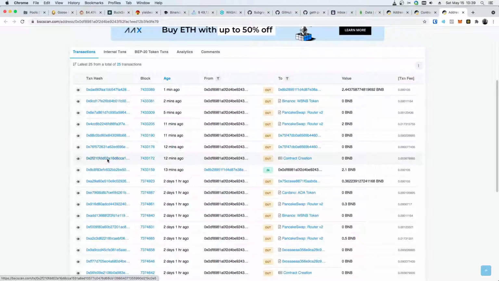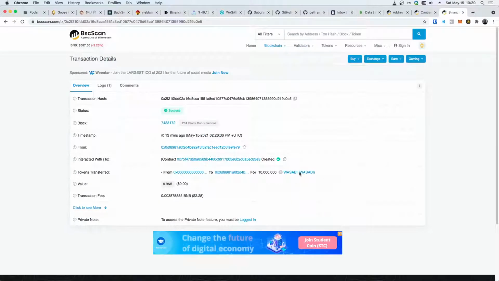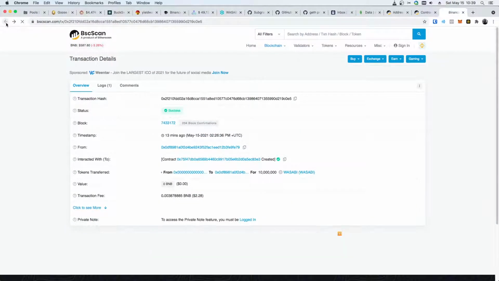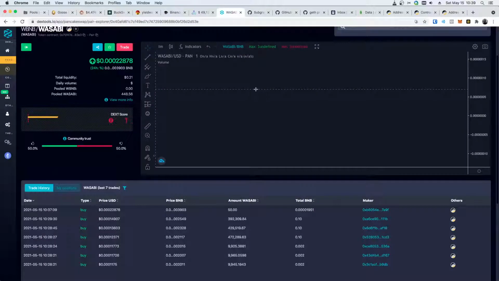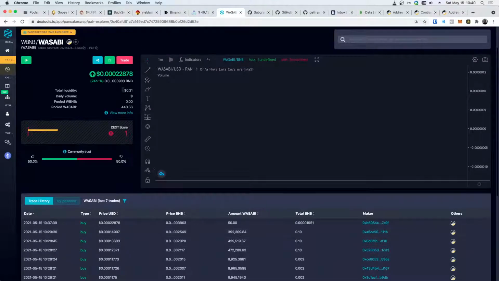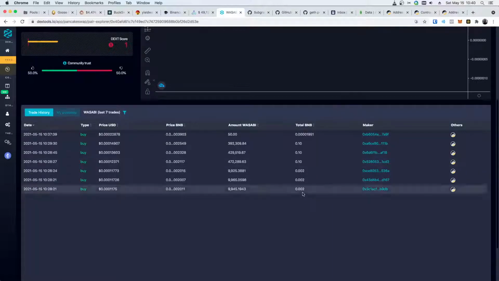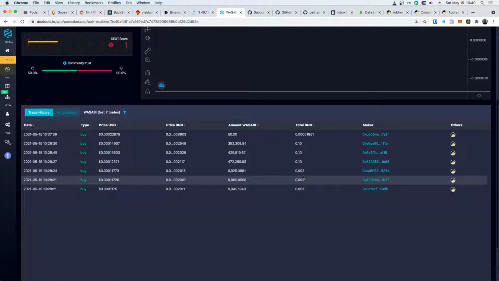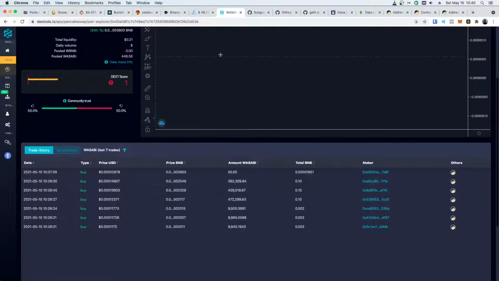12 minutes ago, is that our Wasabi? Wasabi. So we'd have to add this up, but that's how much the dude made right there, folks. Because it's gone. 21 cents of liquidity, but you do that a million times and you make some money.